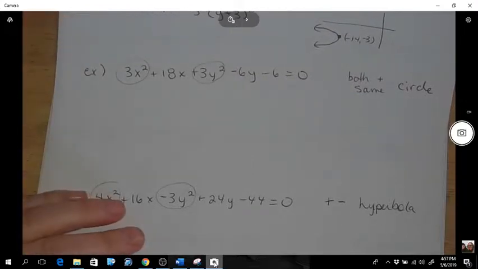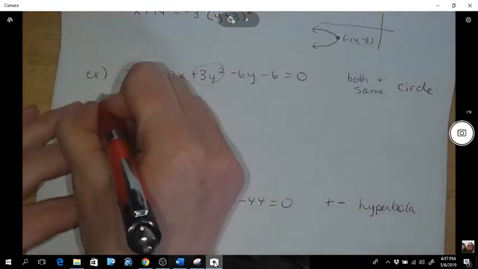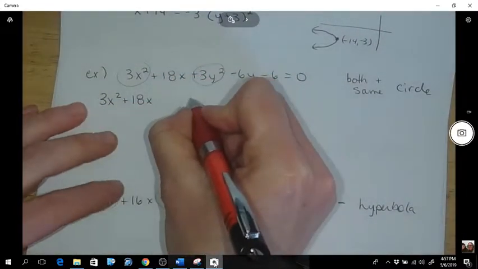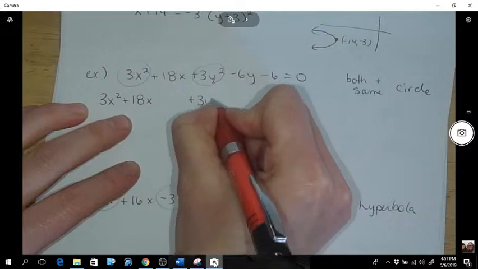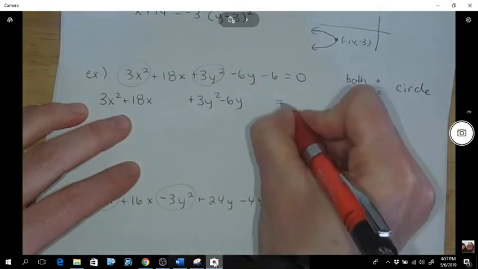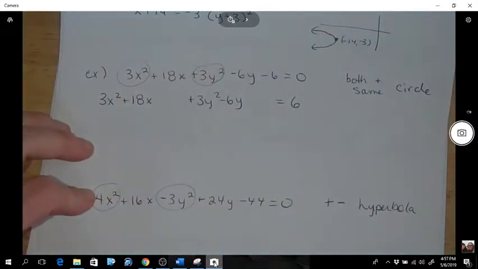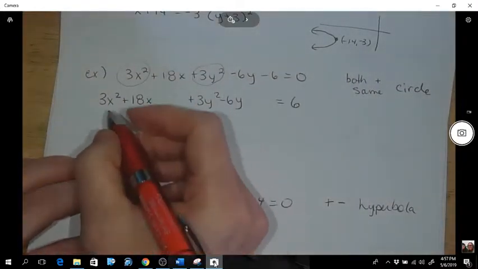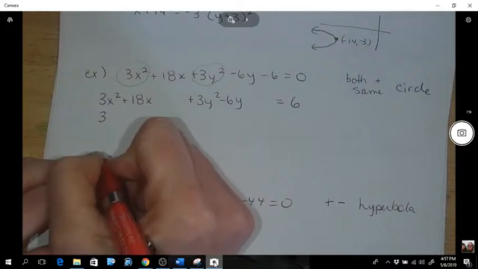So we have a circle here. So what I'm going to do is put the x stuff together, the y stuff together, and move the number over. Okay, so I got to group all the x stuff together, but I'm going to factor out a 3.